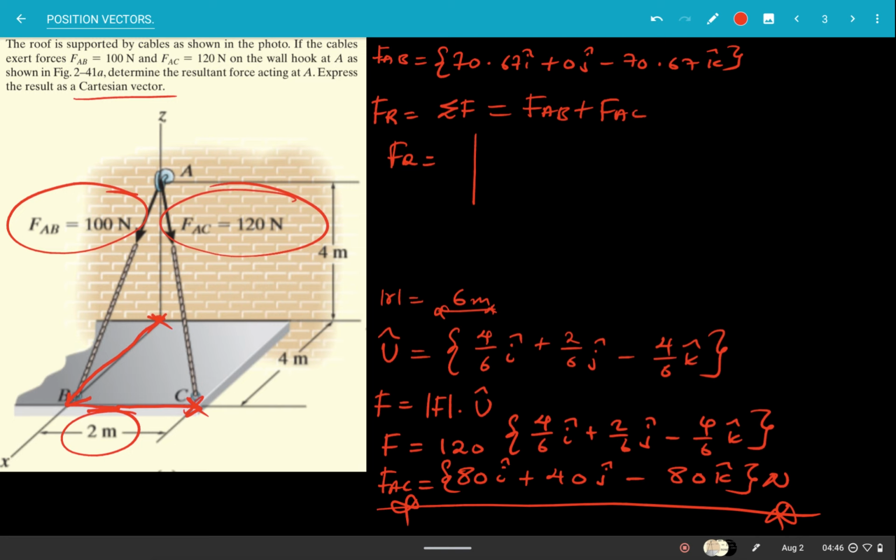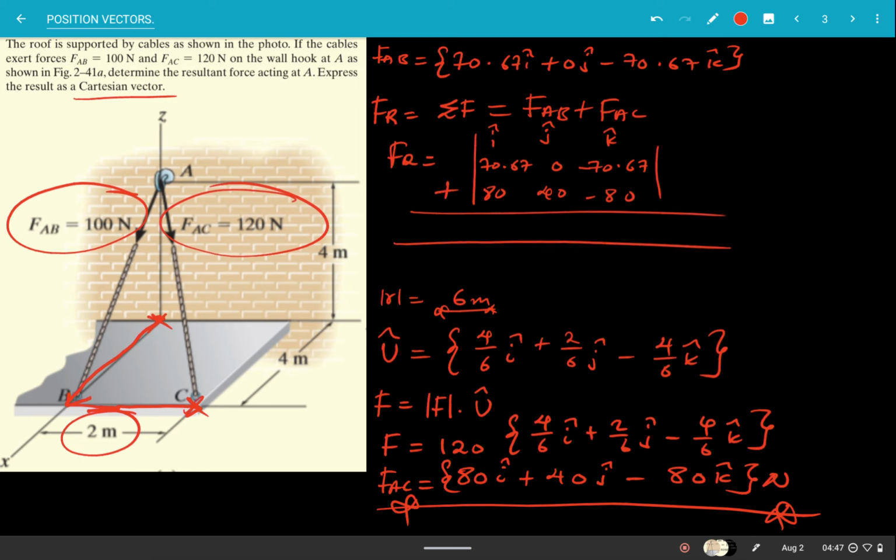If I had any other force, could be 3, could be 4, could be a good number of them, just resolve them and sum them up. So remember I, J, and K. In this case, we're not subtracting, we're summing up. So I'm going to say 70.67, then 0, then again 70.67, minus this side. So it's going to be 80, then we have 40, then minus 80. These are the K values. So it's a plus, like that.